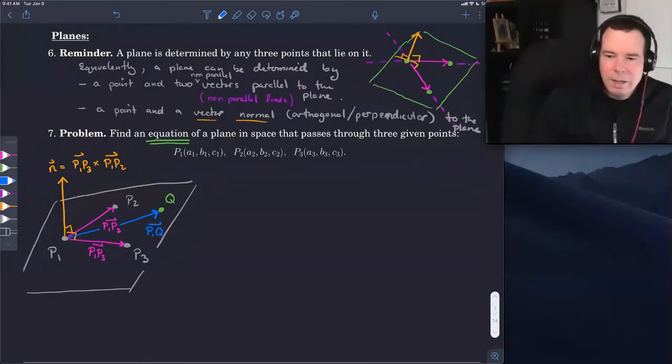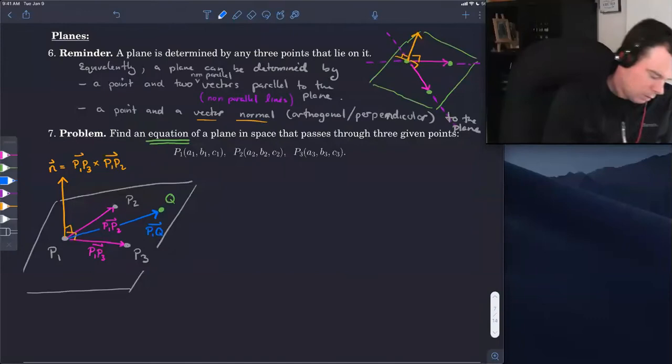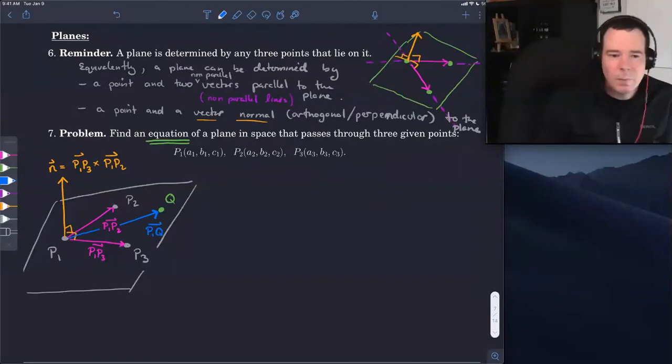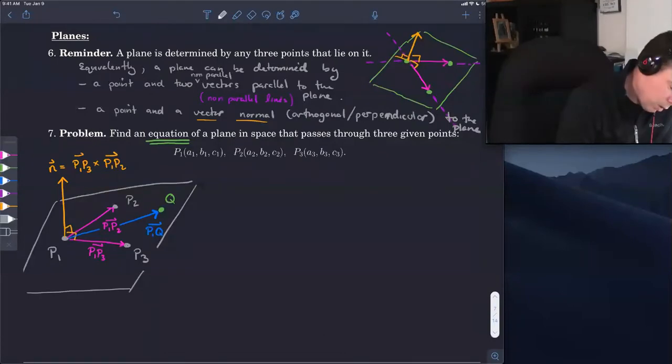then what can we say about the vector N and P1Q? How are they related to each other? How is the blue vector and the orange vector related? Any ideas? Yeah, the dot product is 0. Exactly. They're perpendicular to each other. So their dot product is 0.